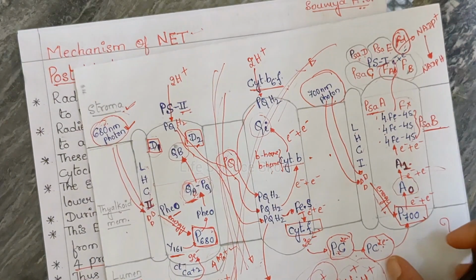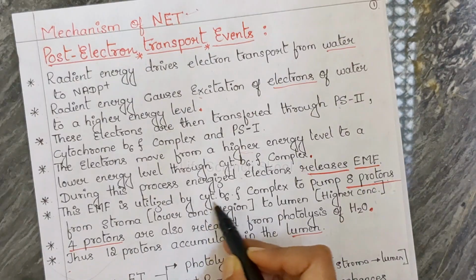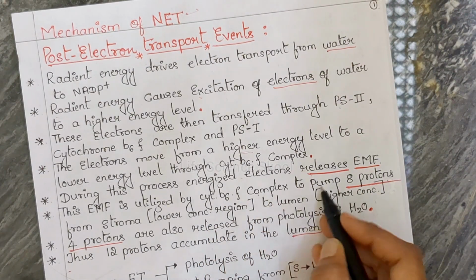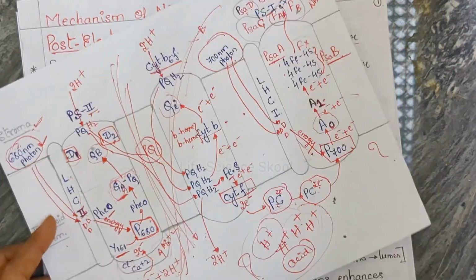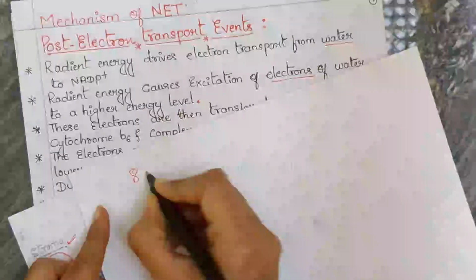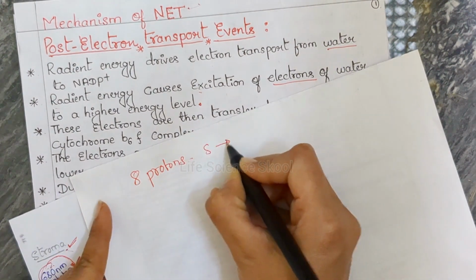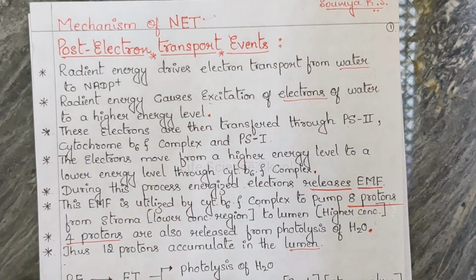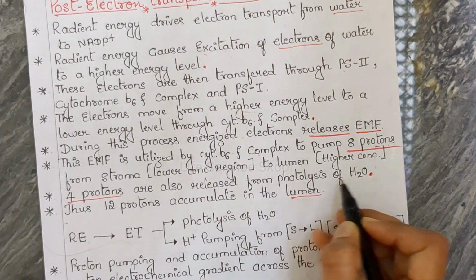How many protons? Around 8 protons. This EMF is utilized by the cytochrome b6f complex to pump 8 protons from stroma to lumen. And 4 protons are also released from the photolysis of water.